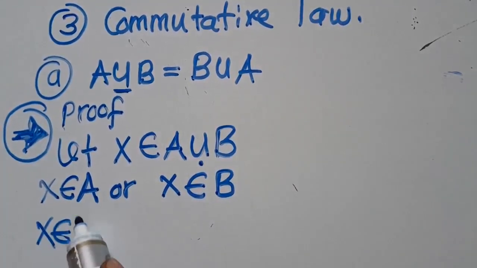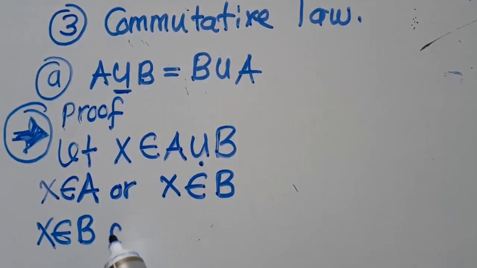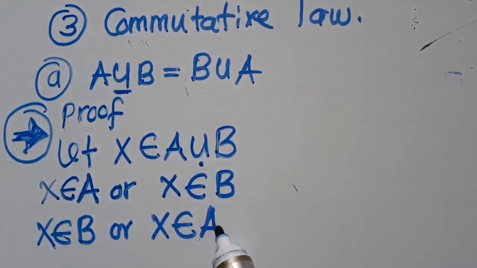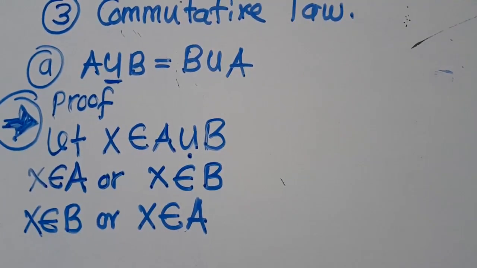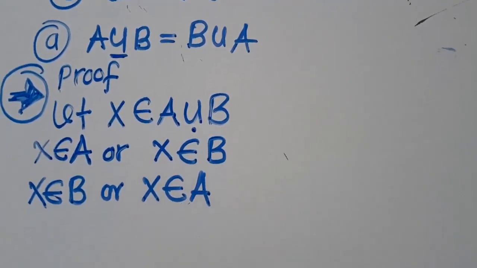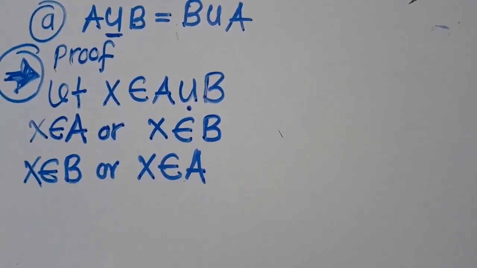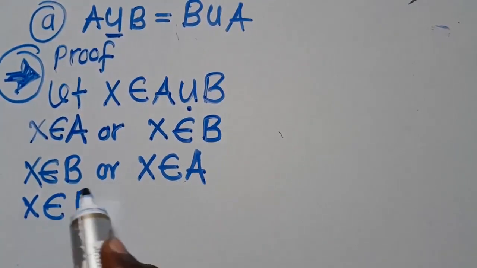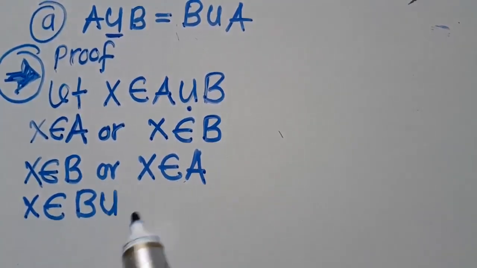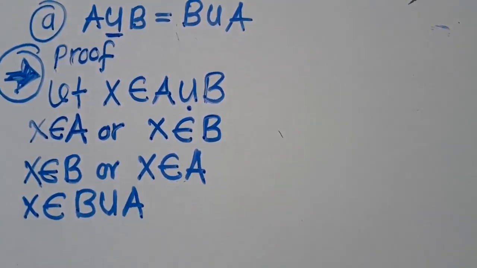X is a member of B, or X is a member of A. Now I can conclude that X is a member of B union A. So I've proven that this is equal to that.